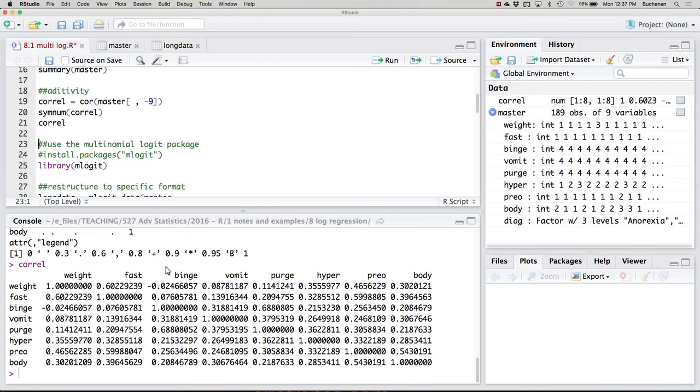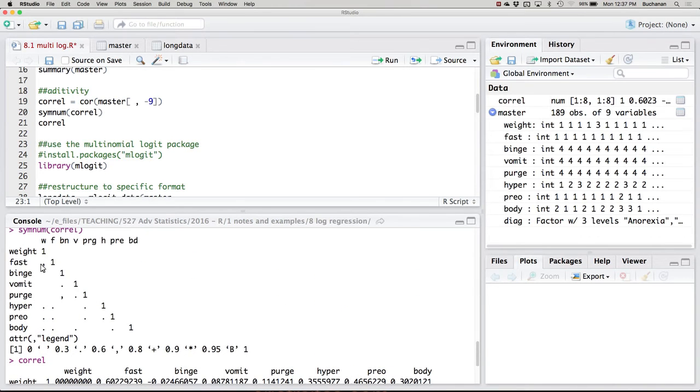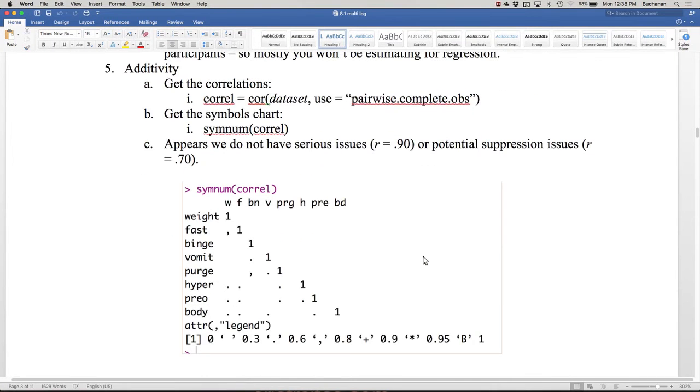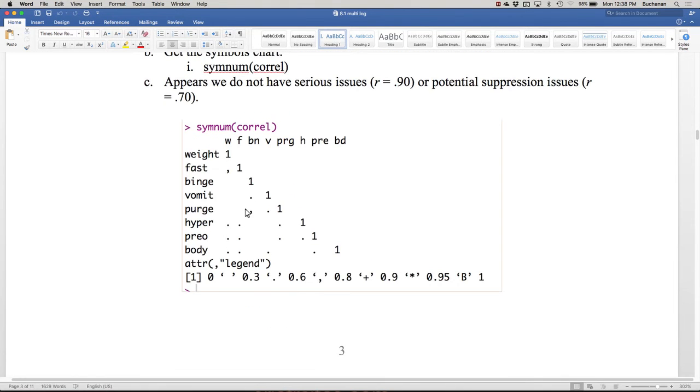It's 0.68, so it's close. Purging and binging, not too surprising. Where is it? Top left, second from the top. Here. Yeah, 0.6. That's okay. These little commas are hard to read. Oh, I see it now. But anyways, they seem okay. We do have some potential suppression, but if you look at the whole chart, they're below 0.7.